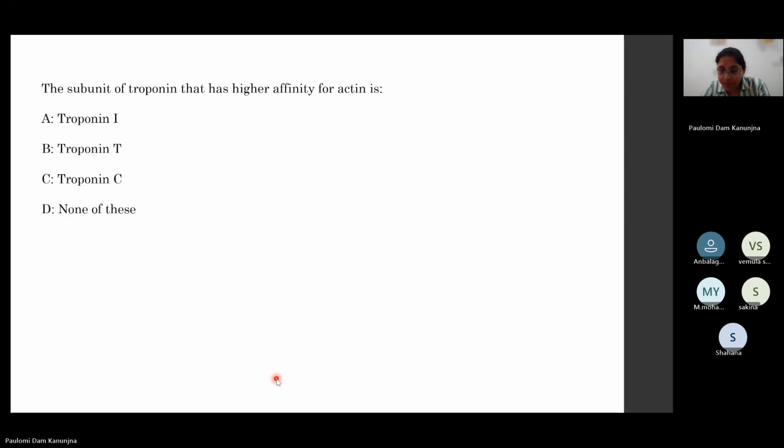Okay. Anyone else? So if three troponins I, C, and T, anyone wants to take a guess?